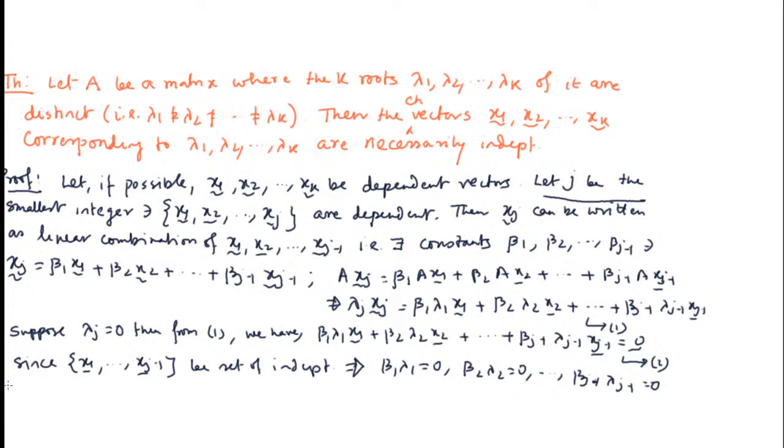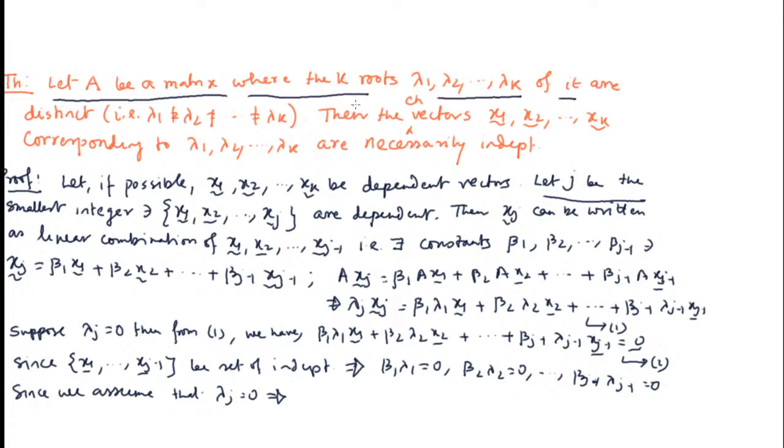Since we assume lambda j equal to 0, this implies, see, we state the theorem as A be a matrix where the k roots lambda 1, lambda 2, lambda k of A are all distinct.